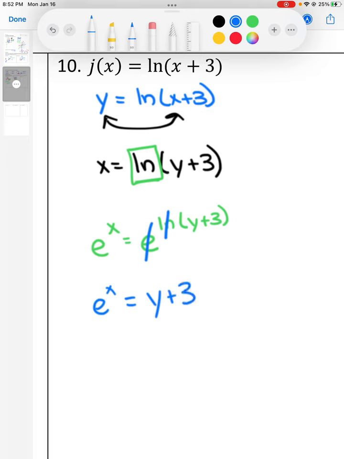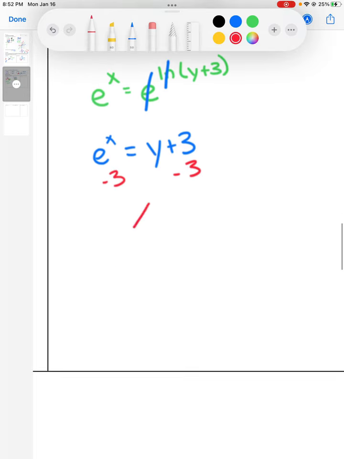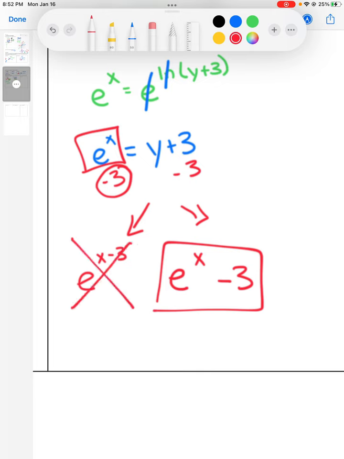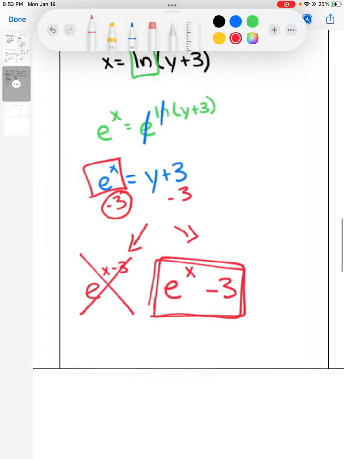Now, is y by itself? No, we still need to minus 3. Okay. Now I have a question for you. There's two options. I want you to tell me which one you think it is. Is it going to be e to the x minus 3 in the exponent, or e to the x and then minus 3 down low? Since we're minusing 3 to this whole thing, this is minusing 3 to the whole thing, okay? Not to just the exponent. So this is our inverse function.